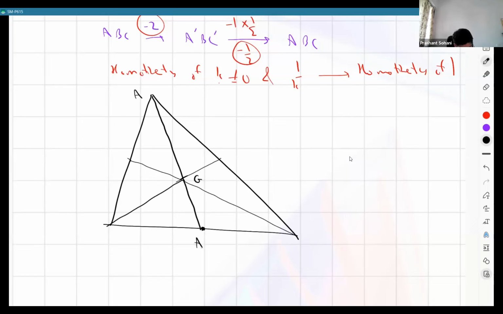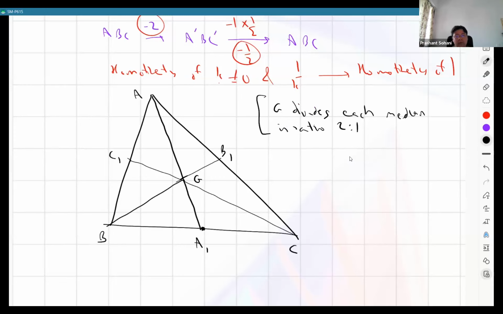So if I want to call the midpoints of the three sides A1, B1, C1, we all know that G divides each median in the ratio 2:1, right? So now can you think of restating this in the form of homothety?